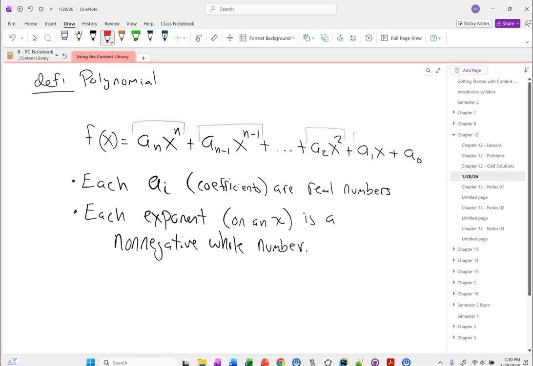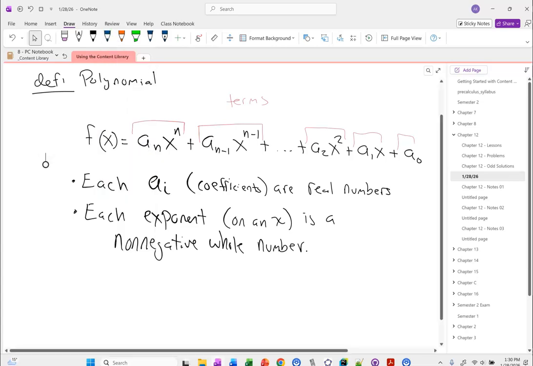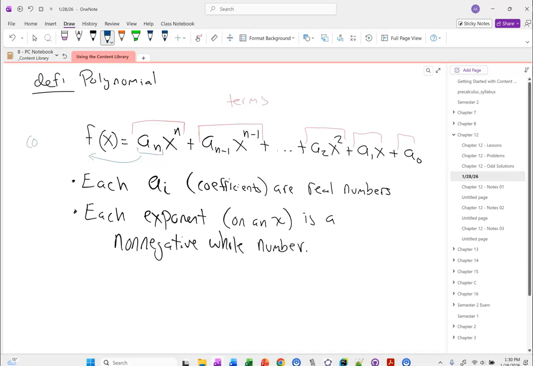Each of these things that are being added or subtracted are called the terms of the polynomial. So for example, this polynomial has n plus 1 terms. The coefficient on this term is called the leading coefficient.